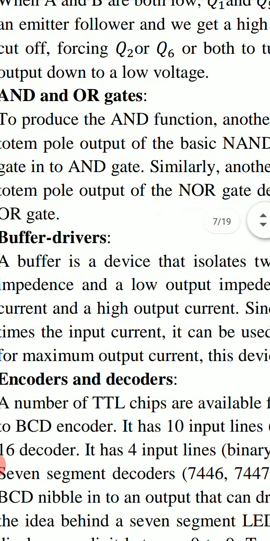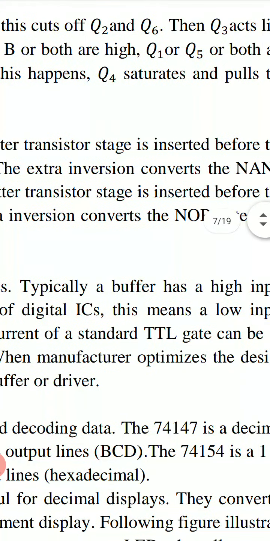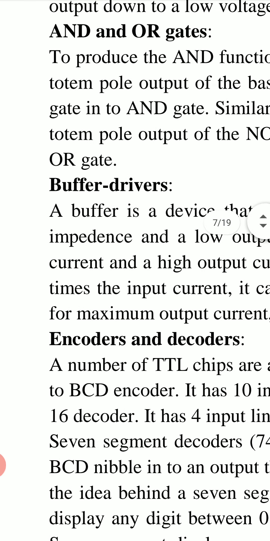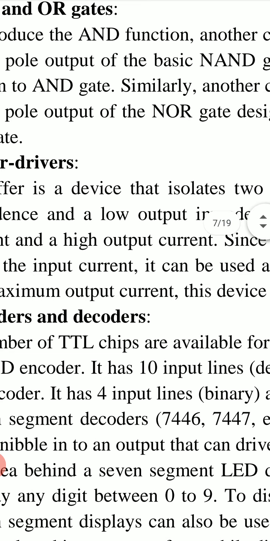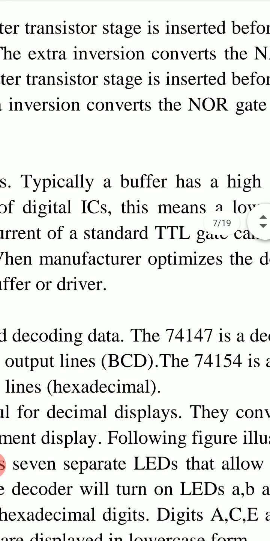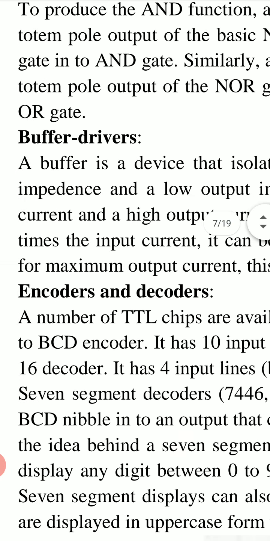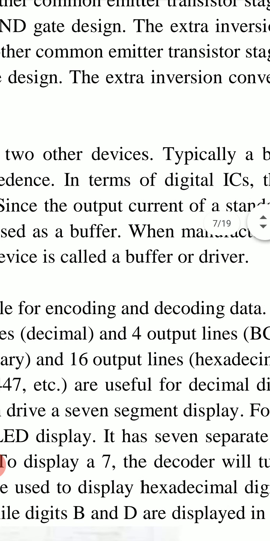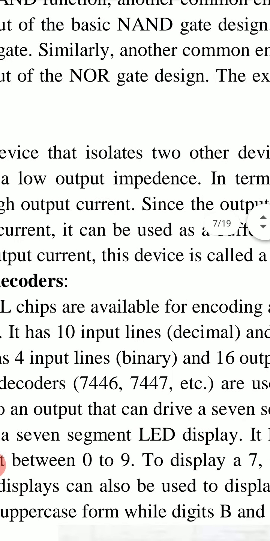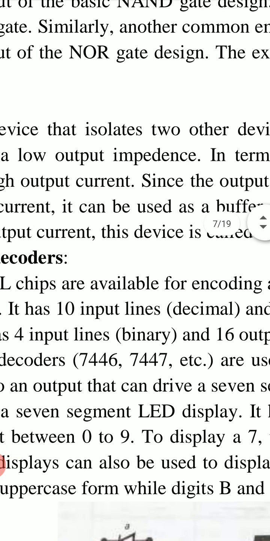So to produce AND function, another common emitter transistor stage is inserted before the totem pole output of the basic NAND gate design. The extra inversion converts the NAND gate into AND gate. Similarly, another common emitter transistor stage is inserted before the totem pole output of the NOR gate design.